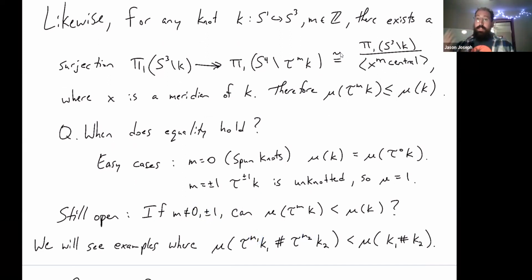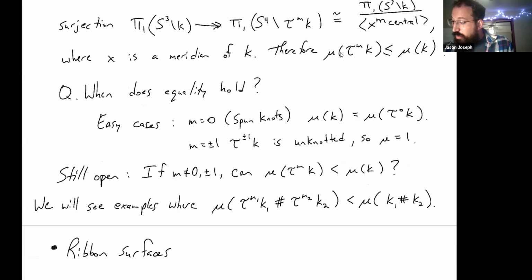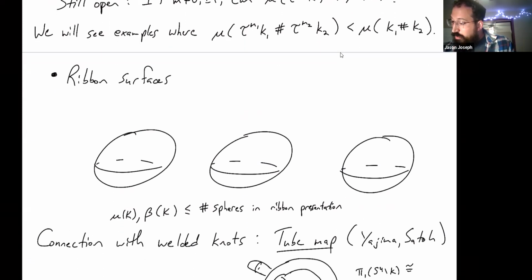If they were the same, a connected sum of twist spins is a twist spin of the connected sum, so that wouldn't really work. But if you allow yourself to change the twisting indices, you can make some funky stuff happen with the algebra, with these relations. Okay, so that's one kind of example and some motivation.